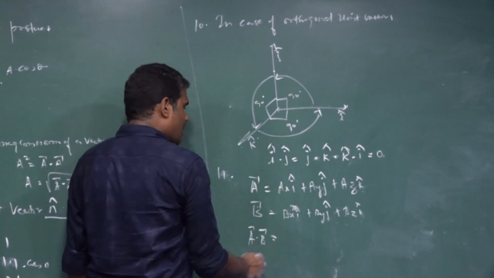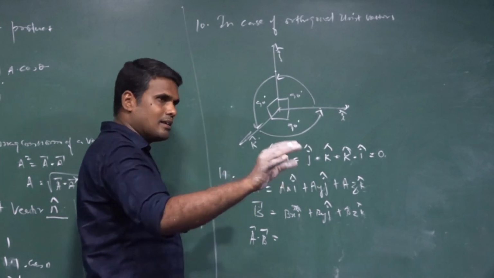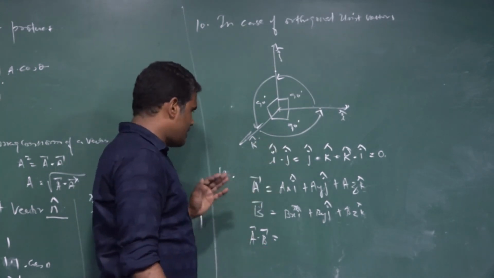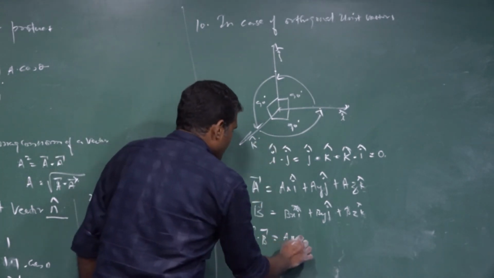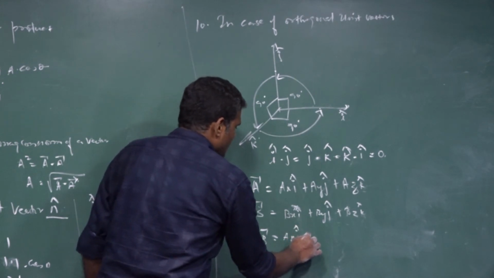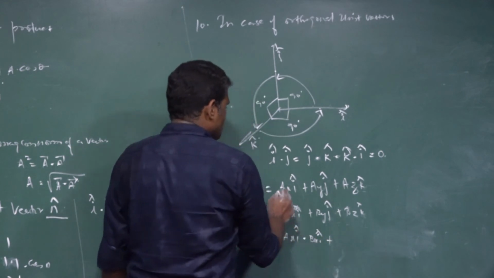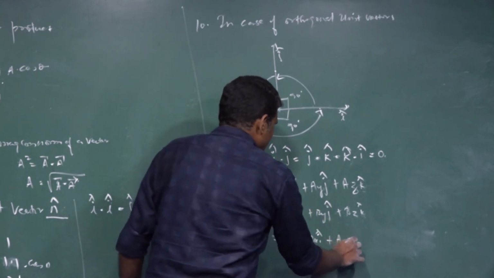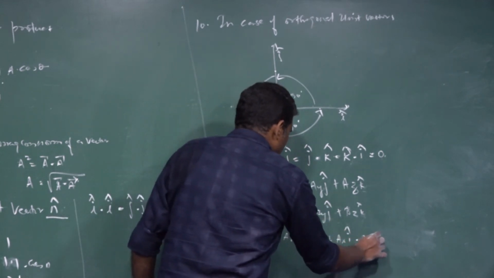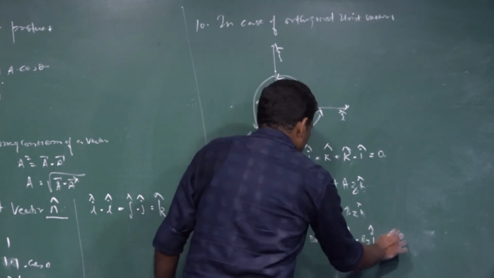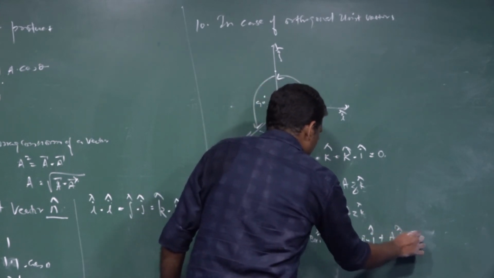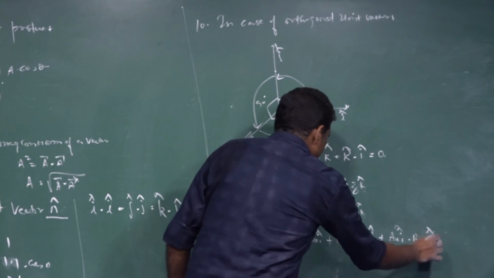I can write the entire terms which are involved in this dot product. I can write ax i cap dot bx i cap plus ax i cap dot by j cap plus ax i cap dot bz k cap.